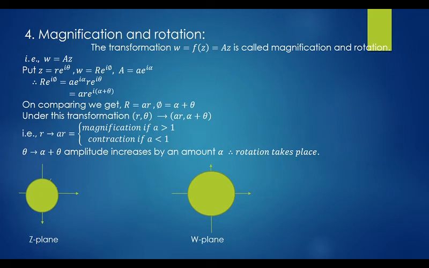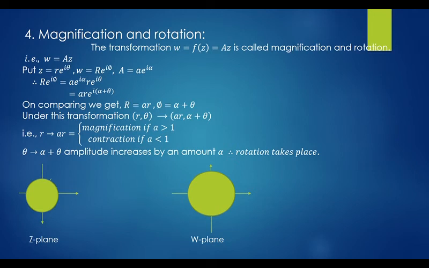On simplifying the right hand side, we get a r into e power i into alpha plus theta, by adding the powers of the exponential term e. On comparing both sides, we get capital R equals a into r, and the amplitude or angle is phi equals alpha plus theta.